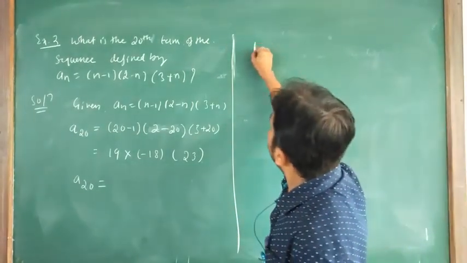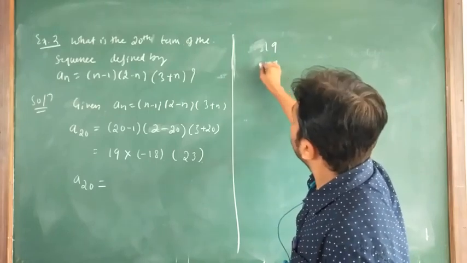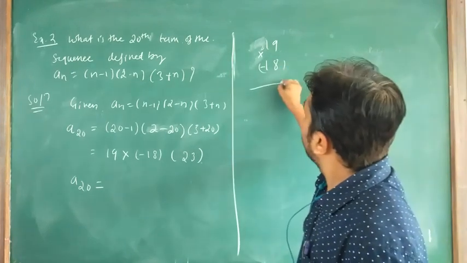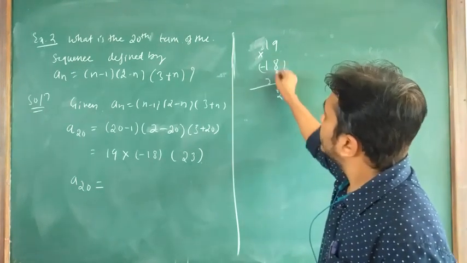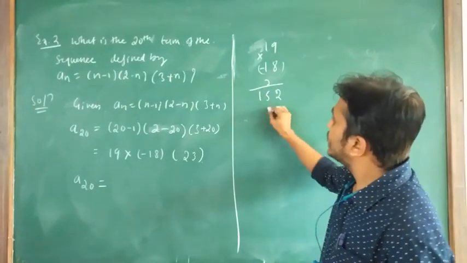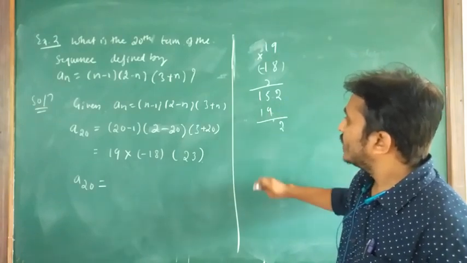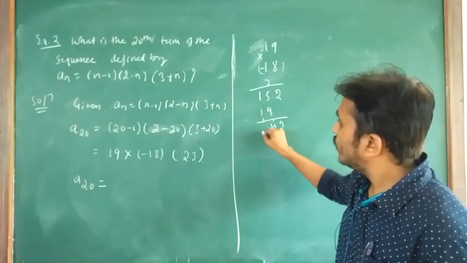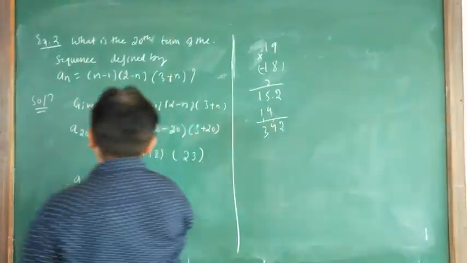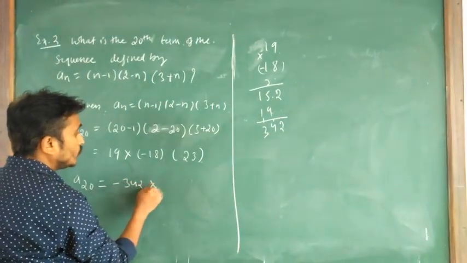Here 19 into 18: 8 nines are 72, 8 on side, 7 plus 8 is 15, and 1 nine is 9, 1 one is 1, giving 342. So a20 equals 19 into minus 18, which is minus 342, into 23.